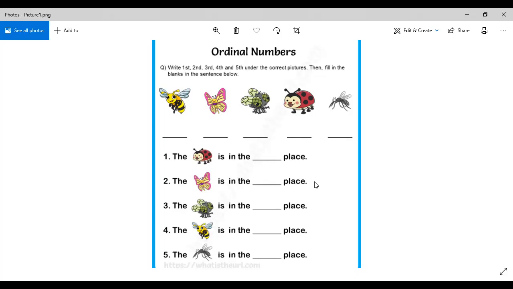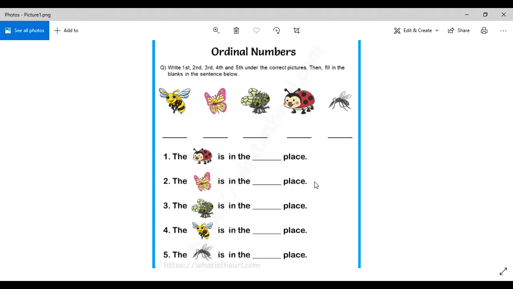The honeybee is on the first. Write the position: first, second, third, fourth, fifth. On first, we have a honeybee. Then we have a butterfly. Then we have a normal fly. Then we have a ladybird. And last, we have the mosquito, right?